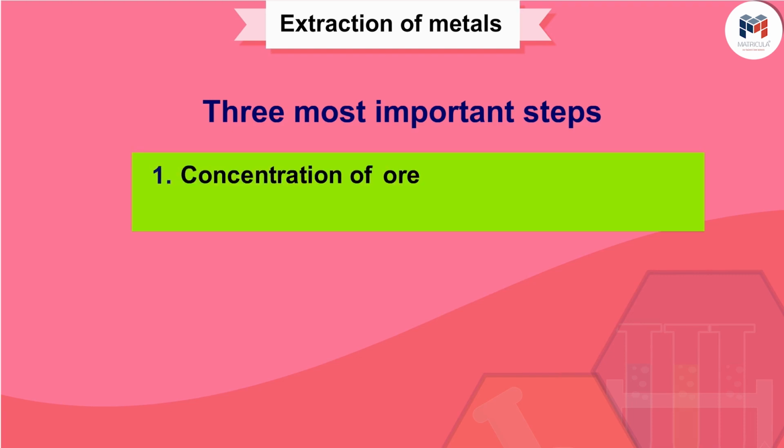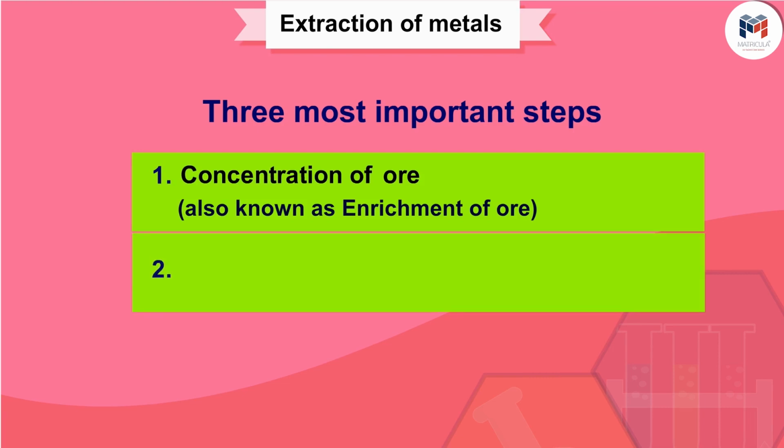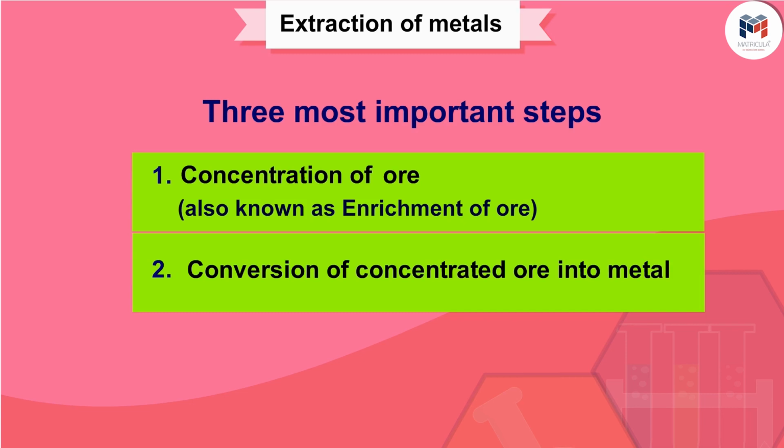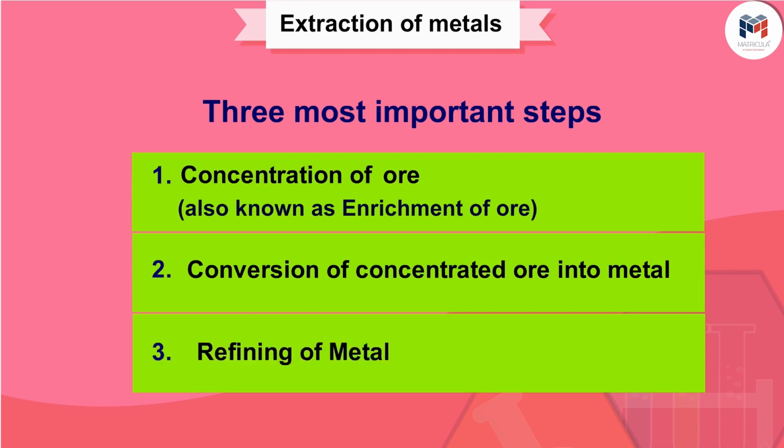Concentration of ore, also known as enrichment of ore. 2. Conversion of concentrated ore into metal. 3. Refining, that is, purification of metal. We will now discuss each of these steps one by one.